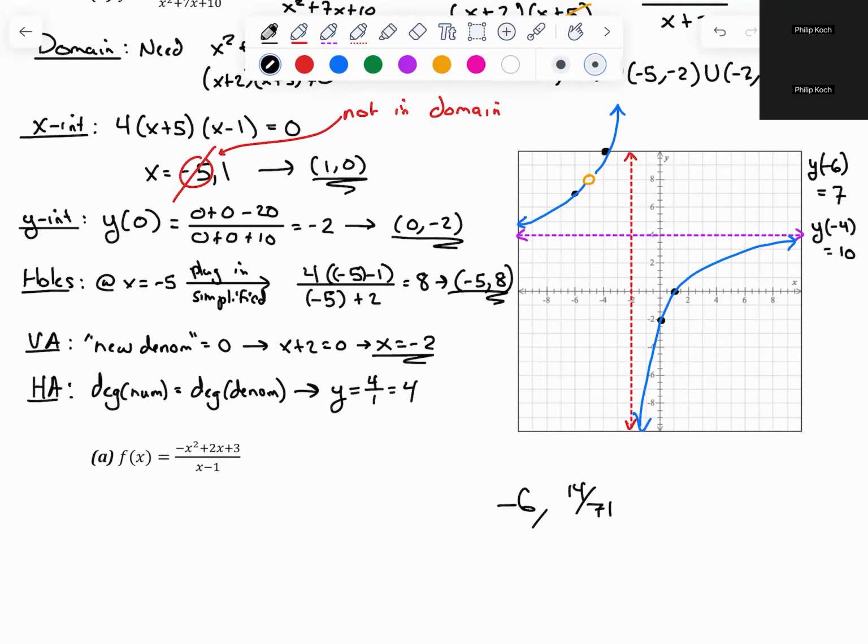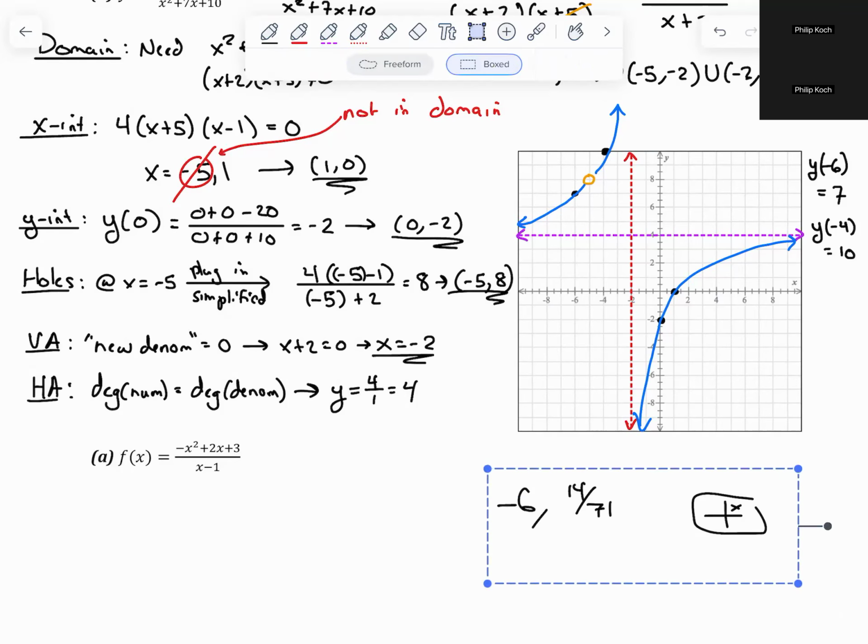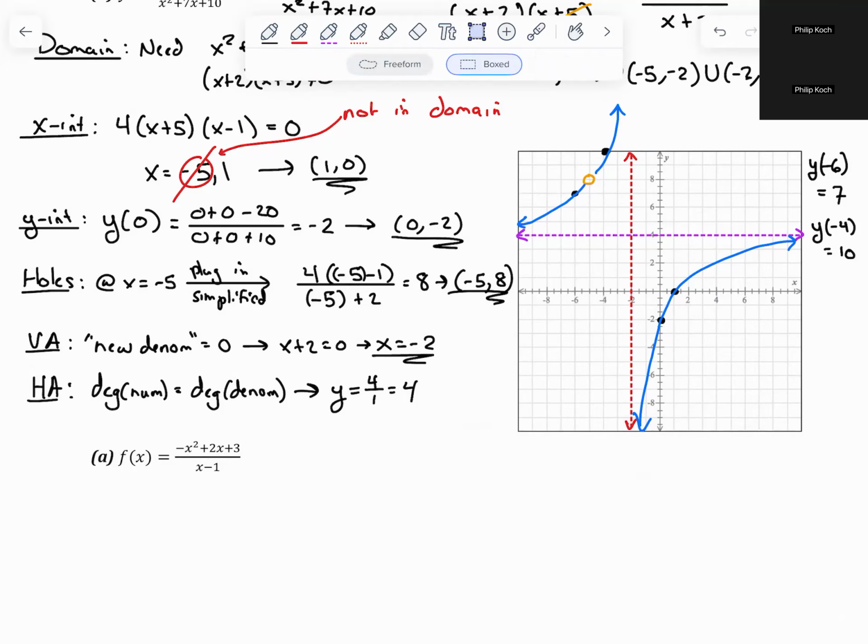And that's why that plotting point feature is going to be your bread and butter for these ones. Use that feature, because trying to find 14/71 on a graphing grid is not feasible. And if you find a decimal answer, it says do not use a decimal answer, because that's going to be an approximation. If the answer is 1/3 and you use 0.33, that's going to be off by 0.00333 repeating from the actual value. Any other questions?